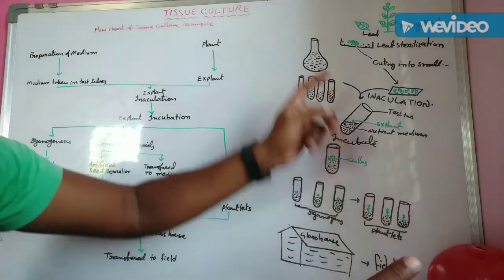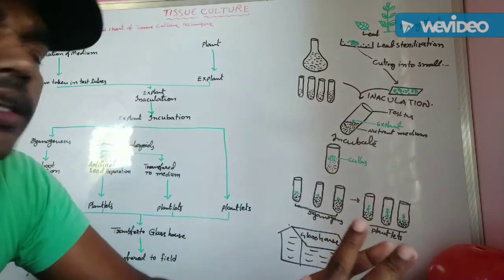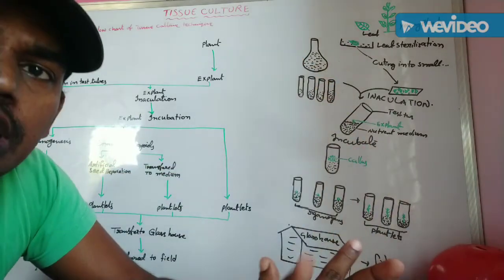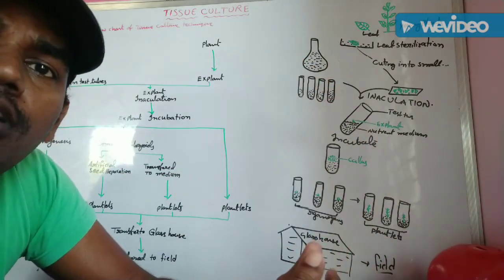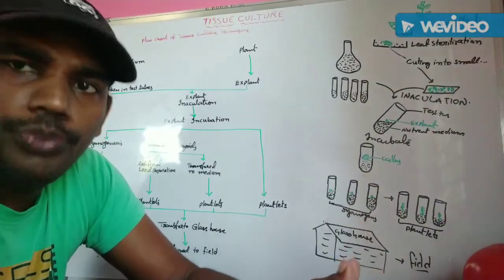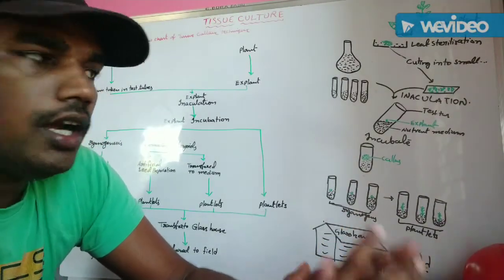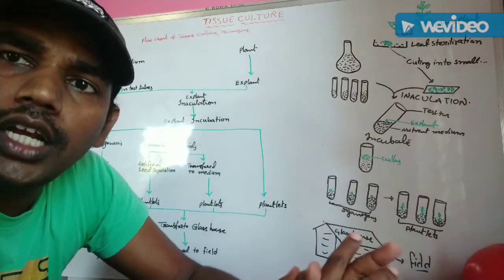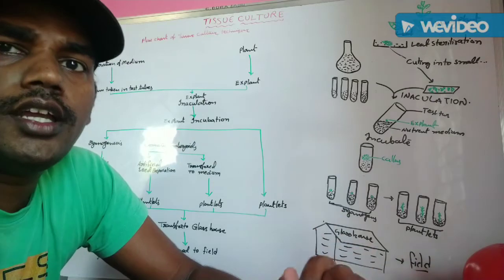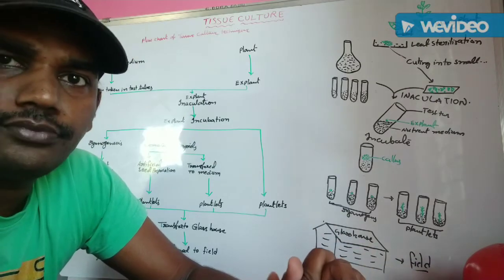Then after, you prepare the nutrient medium. This nutrient medium consists of different types of nutrients, carbon components, and also some growth regulators like auxin and cytokinin, etc. Okay.